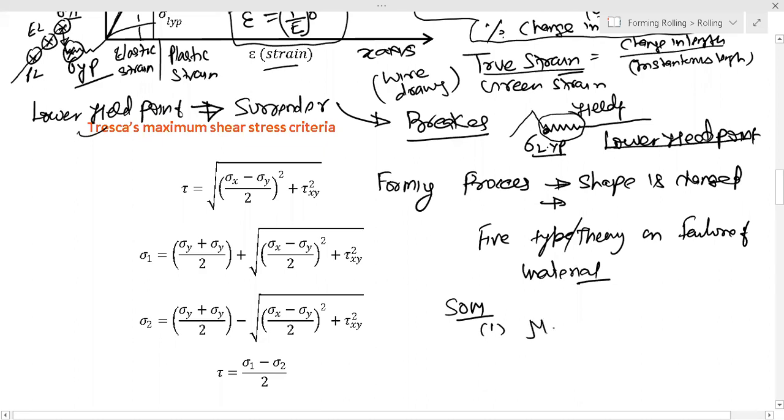One is called maximum stress theory, or we call it Rankine theory. Second is your maximum strain theory.